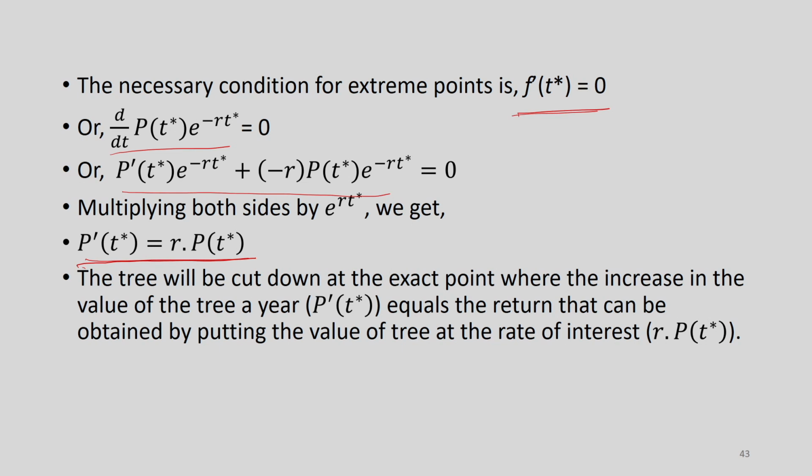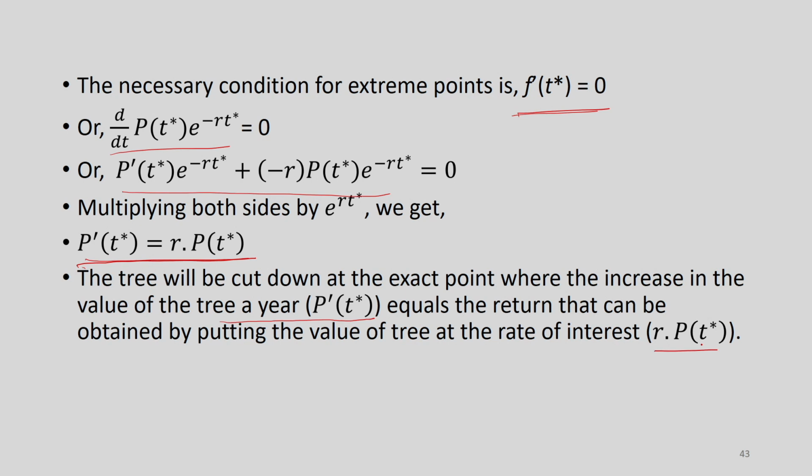Let us try to understand this condition. It says that the tree will be cut down at the exact point where the increase in the value of the tree in a year, P dash t star, the change in the value of the tree as t changes by a little around that t star point, is equal to the return that can be obtained by putting the value of the tree at the rate of interest.